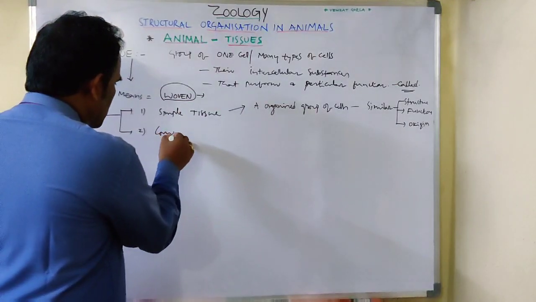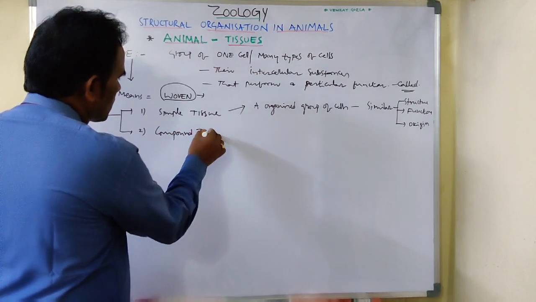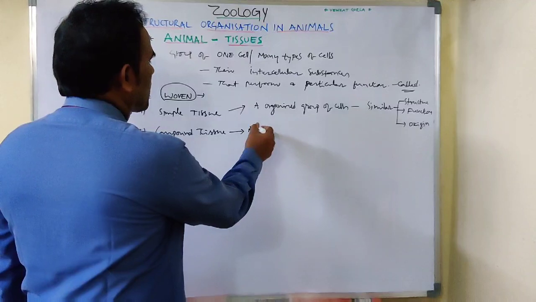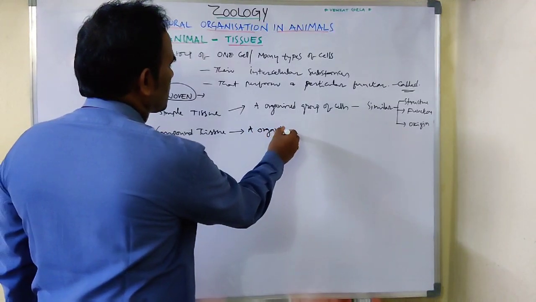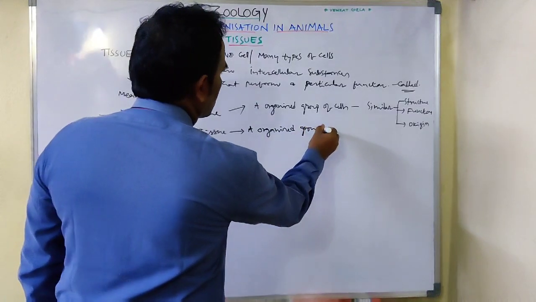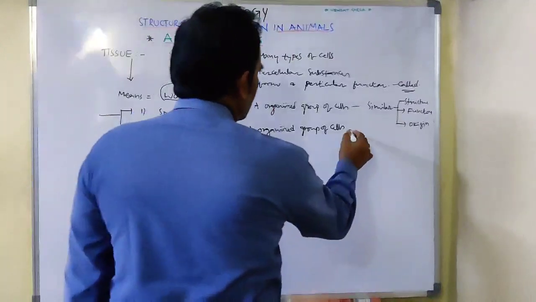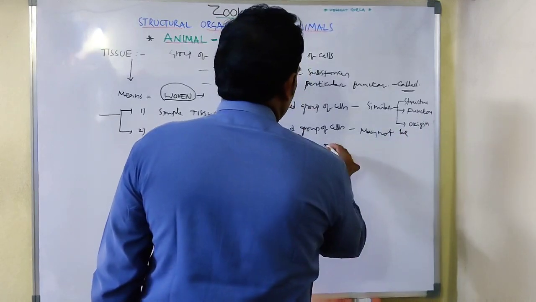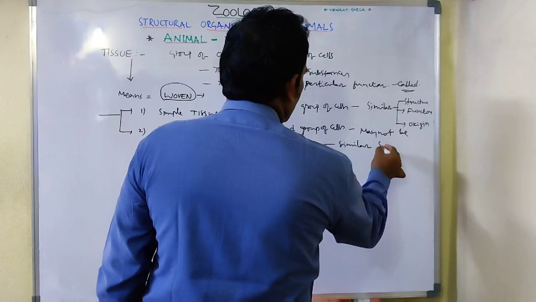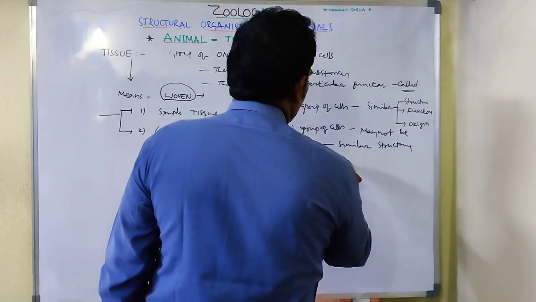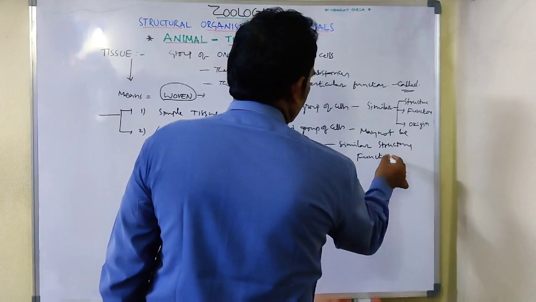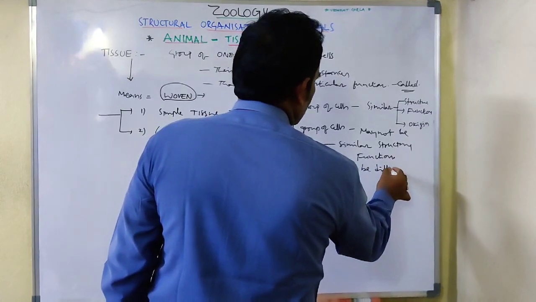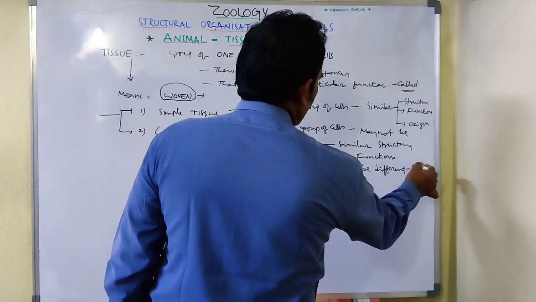Now another one is a compound tissue. A compound tissue is defined as an organized group of cells that may not be similar in structure and function, and may have a different embryological origin.